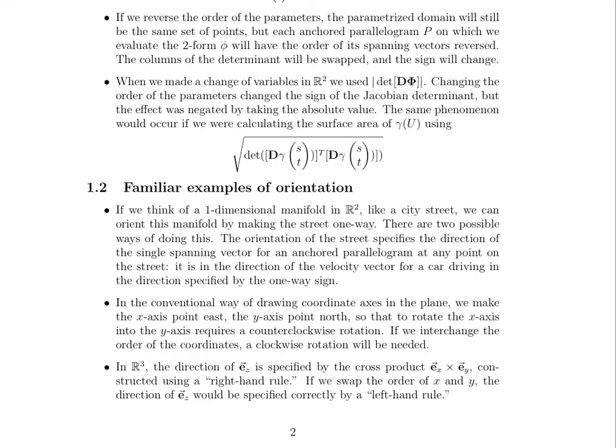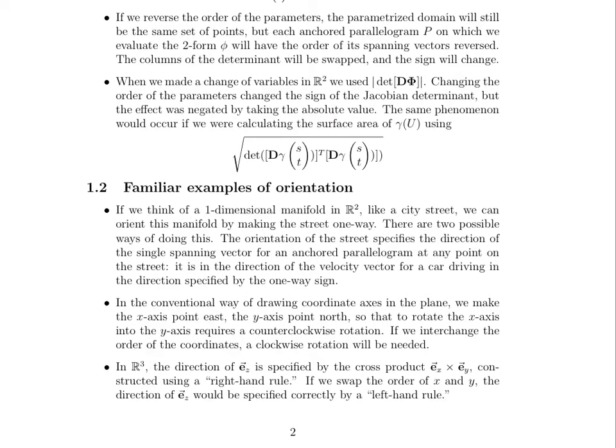The orientation of the street specifies the direction of the single spanning vector for any anchored one parallelogram at any point on the street. And so even though you maybe have come up with a parameterization for the street, the way to check that your orientation is correct, or that the street is one way in the direction that you have decided upon, is by taking the derivative of that parameterization, gamma prime, because that will give you the direction of the velocity vector for a car driving in the direction specified by the one-way sign.